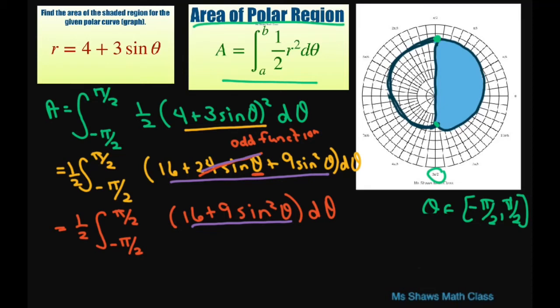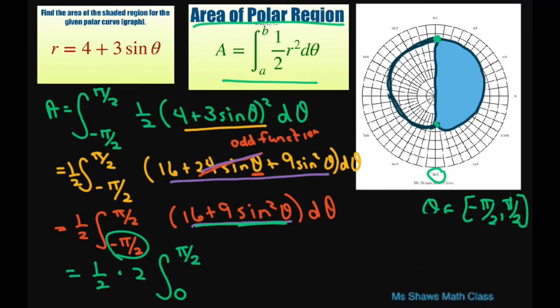What I'm going to do next is, because now we have an even function, I'm going to write this as 1/2, and we're going to use our formulas for integration and use 1/2 times 2 and make this from 0 to pi divided by 2.